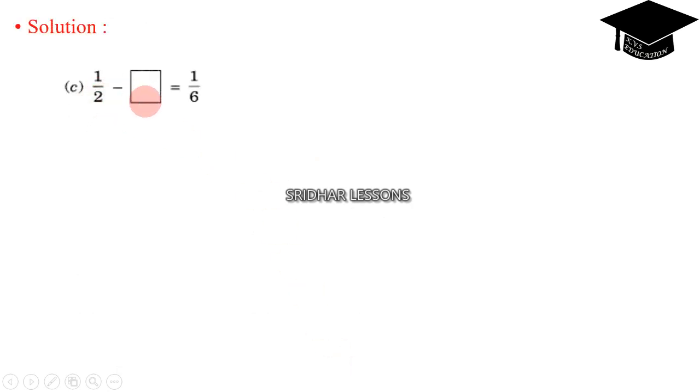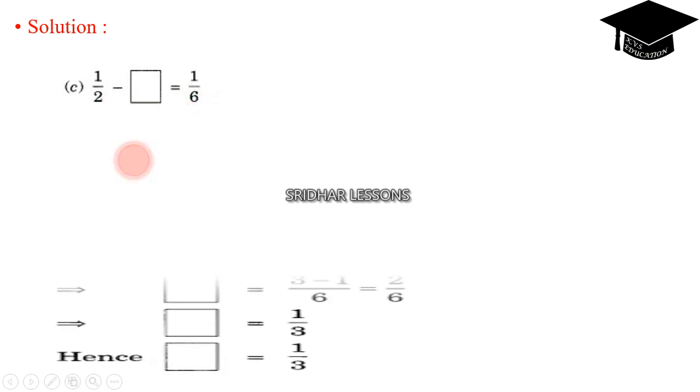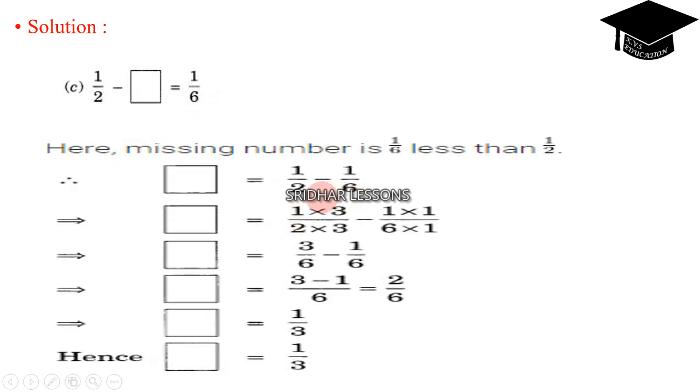1 by 2 minus missing number is equal to 1 by 6. So the missing number is 1 by 2 minus 1 by 6. Making 6 as common, 1 by 2 can be multiplied with 3 by 3, minus 1 by 6, no need to do anything, so multiplying with 1 by 1.